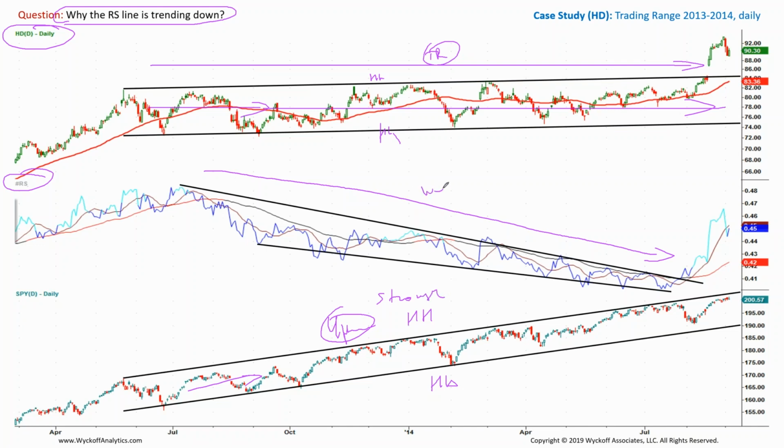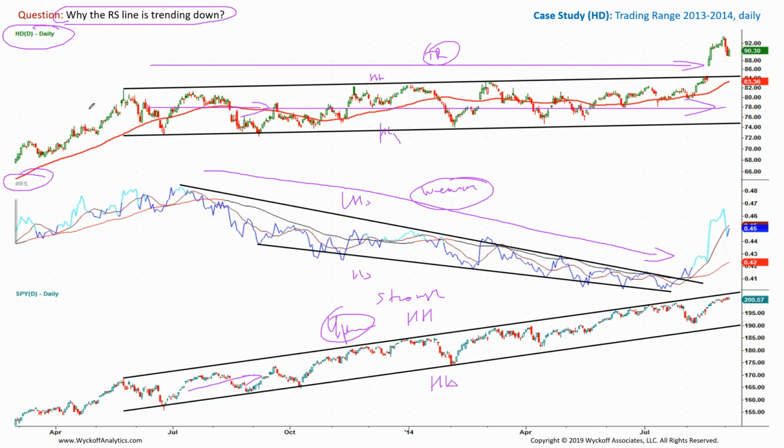Therefore, the stock is weaker, and the relative strength trend is going to be shown as lower highs, lower lows, despite the prices being in the consolidation for the stock. It's not about the structure of the price that would define for us the relative strength of the stock.